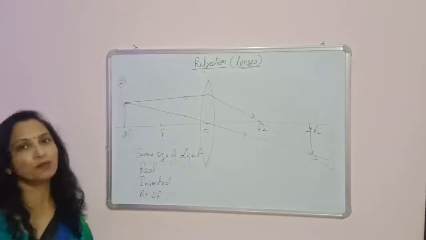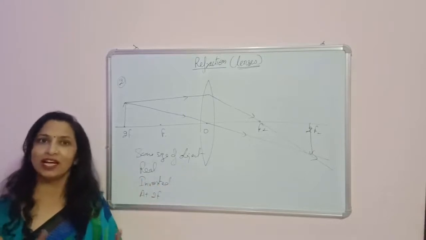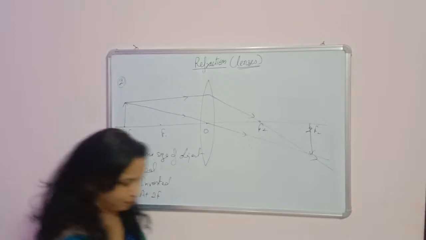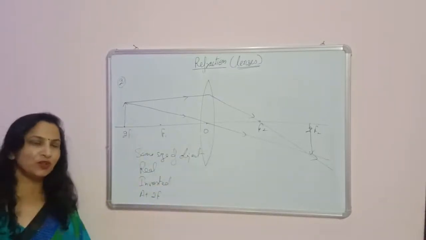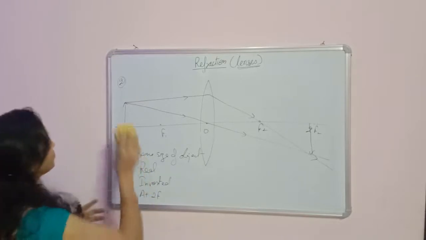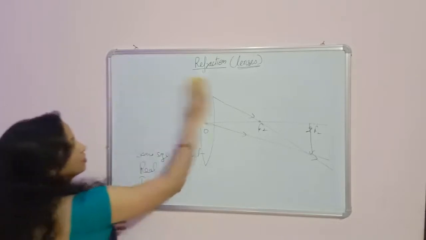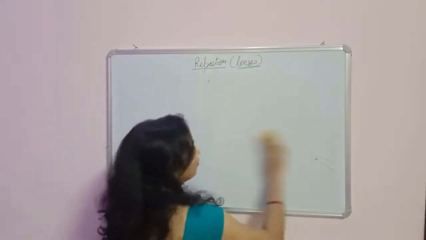When we place the object at 2f, the image will be formed at 2f, real, inverted and of the same size. Now the third condition. Again you can pause the video for drawing it and for writing the nature of the image. Now we are placing the object between f and 2f.